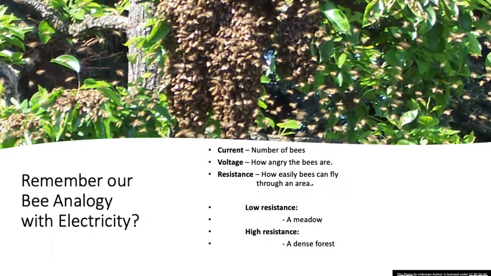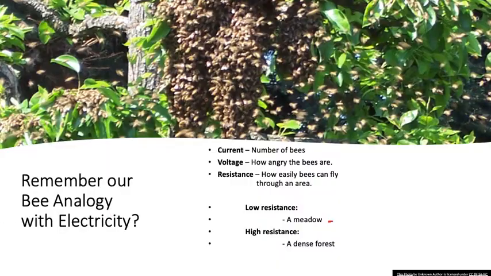Well, we could think about how easily can bees fly through an area. And so low resistance would be an area such as a meadow, a grassy field where they can fly along and not be impeded by anything they come across. A substance of high resistance, with our analogy with bees, would be a dense forest where they're always trying to dodge and weave between trees and leaves. So you can maybe understand resistance a little bit better that way.